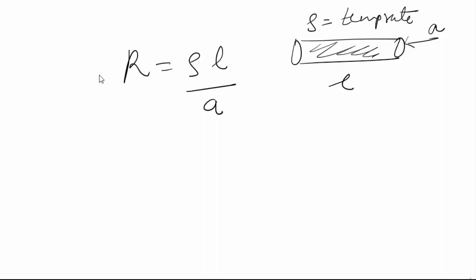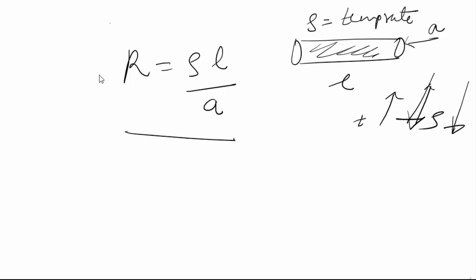For higher temperature the resistivity will be high for some materials, while for some materials, as the temperature increases, the resistance will decrease. That's how you define the resistance using the resistivity, length and area.